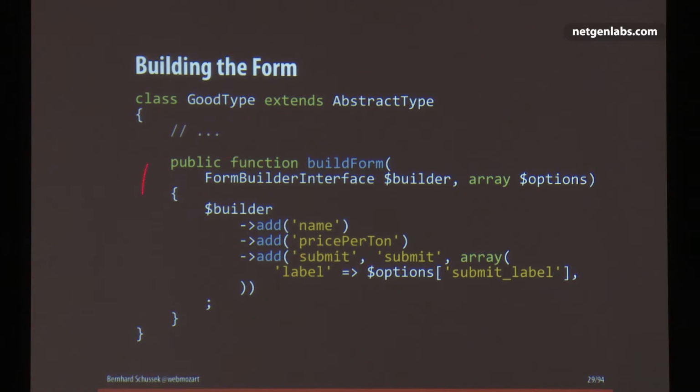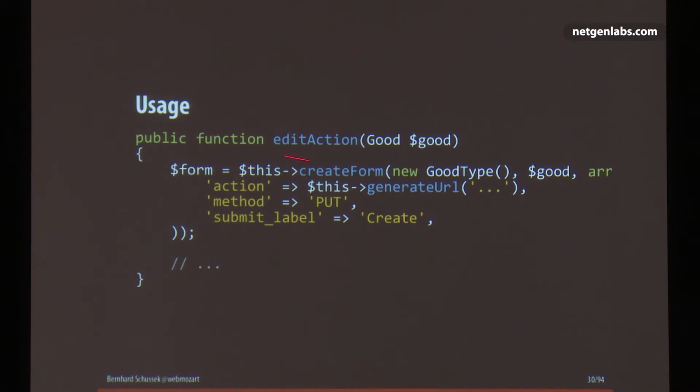So all we have to do is the real custom business logic that is specific to our application here. And now, as I showed you before, in the controller, we can just construct a new good type here, pass the options, and everything else stays as before.